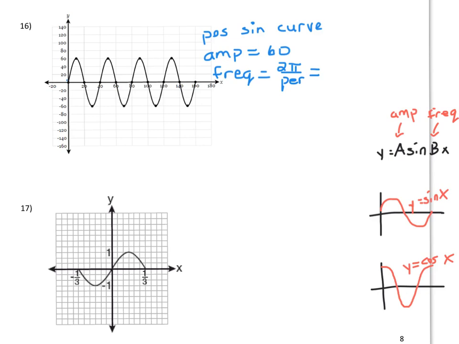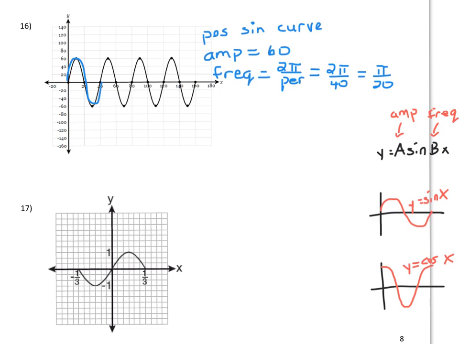Isn't this right here one complete sine cycle? Okay, once we reach 40, we've completed the cycle. So for period, we're going to substitute that with 40. All right, and then since 2 over 40 simplifies to 1 over 20, this simplifies to 1 pi over 20, or just pi over 20.